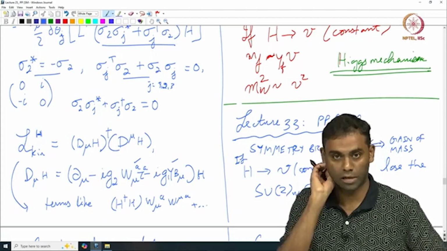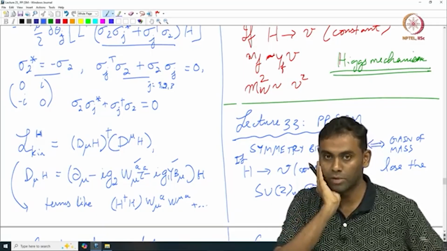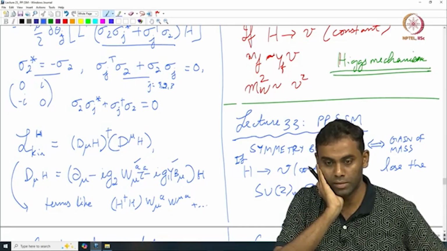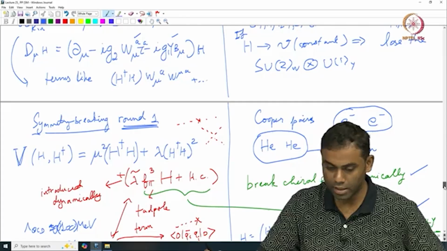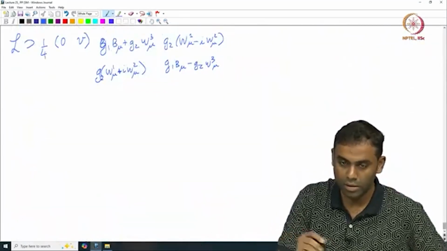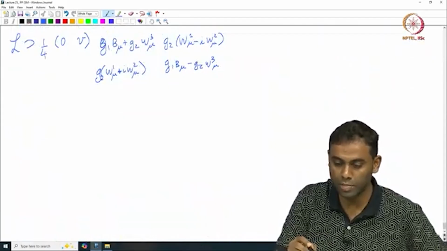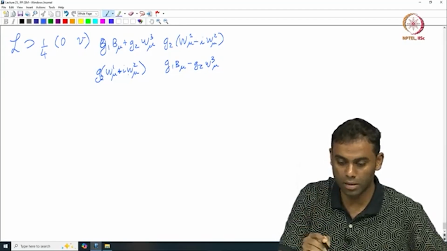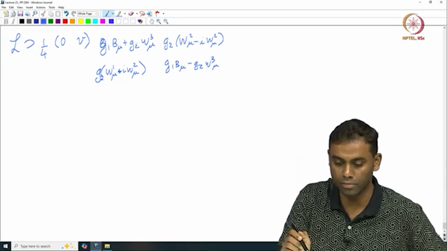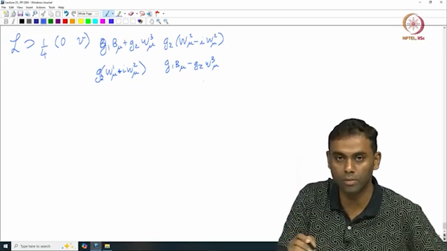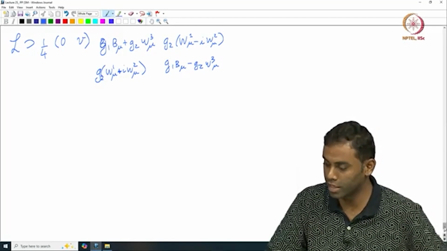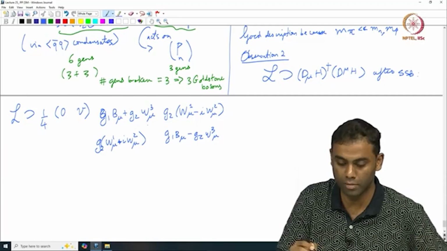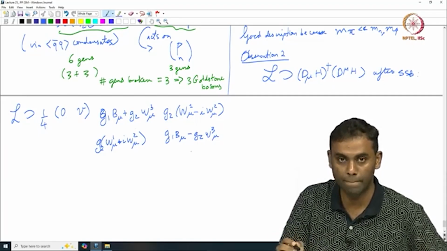The generator index has to be contracted, right? That's where that comes from. And the generators are what? Pauli matrices divided by 2, correct? So you can see that's exactly what would bring in the off diagonal elements. The first Pauli matrix picks up 1 under 1 here. The second one is I, minus I, and then the third one is 1, minus 1. Good. So that's what brings the minus sign here. I stand corrected: it's not the hypercharge, it's the third Pauli matrix that gives you a relative minus sign between the diagonal elements.